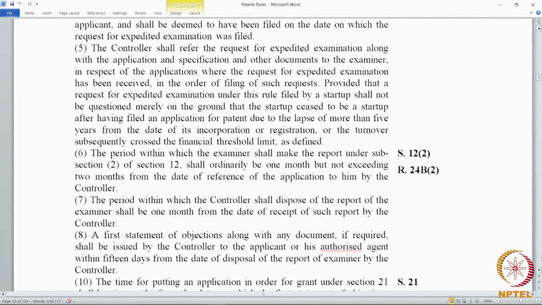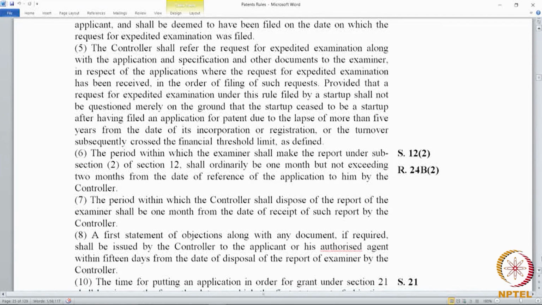Now, once the application proceeds, a request for expedited examination is filed. In the next 1 year, by the time the application is taken up for examination, the startup has already crossed the 5-year threshold. It is now in its 6th year, or the turnover has gone beyond 25 crores.